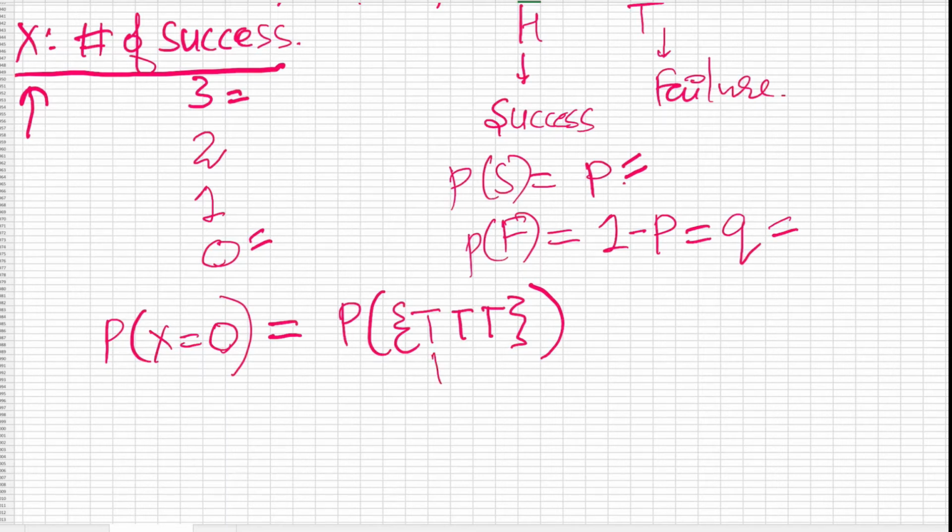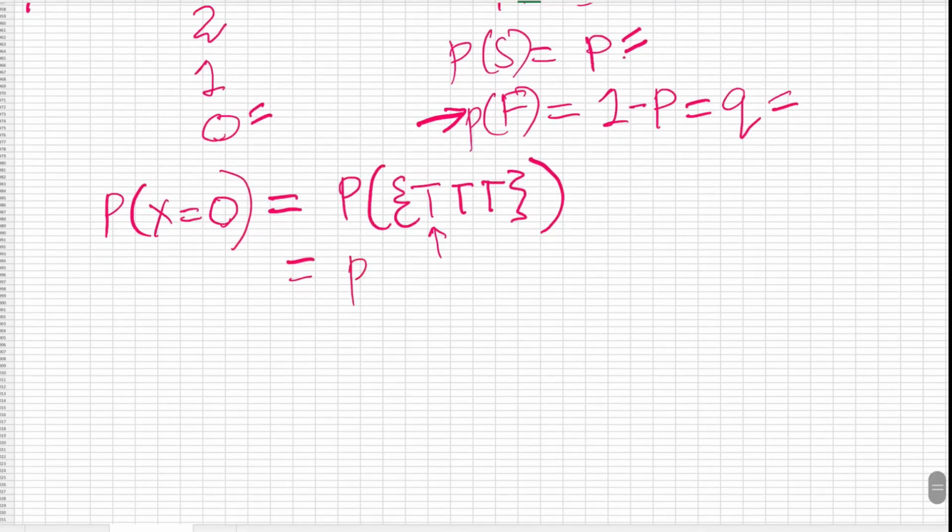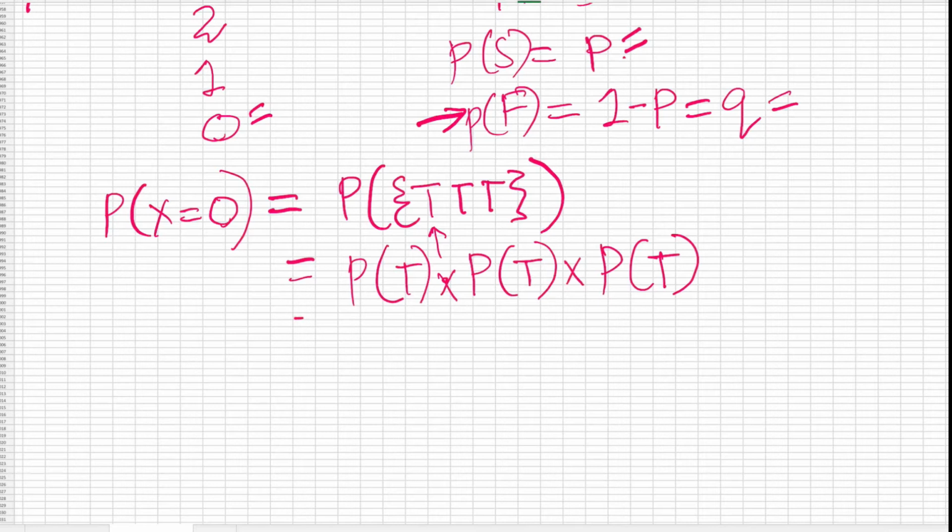Tail is itself a failure, and we have the probability of failure as Q. So we need the probability of T multiplied by the probability of T multiplied by the probability of T, and because the failure probability is Q, we get Q raised to the power 3. This is the probability of getting no success in this specific experiment.